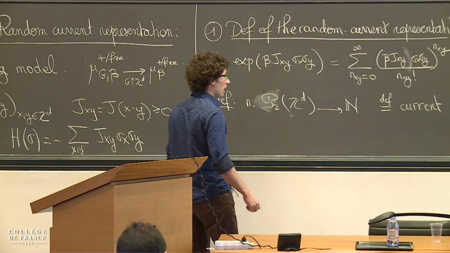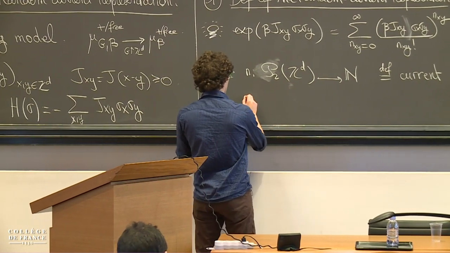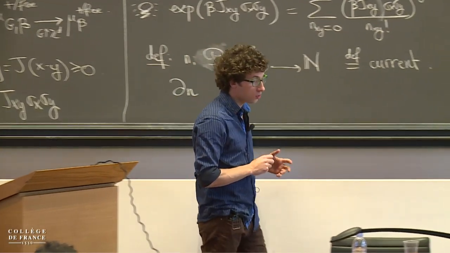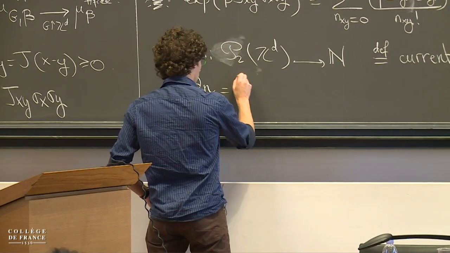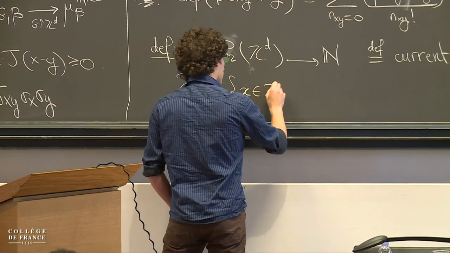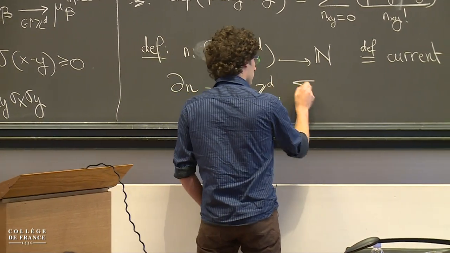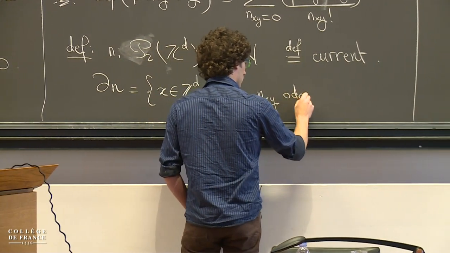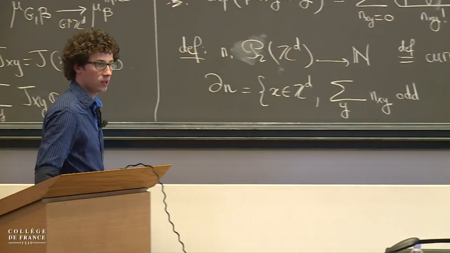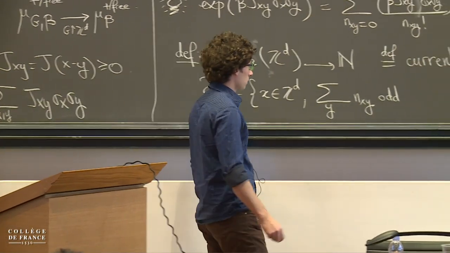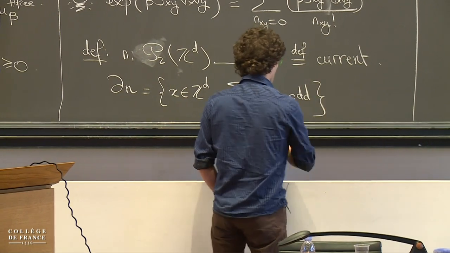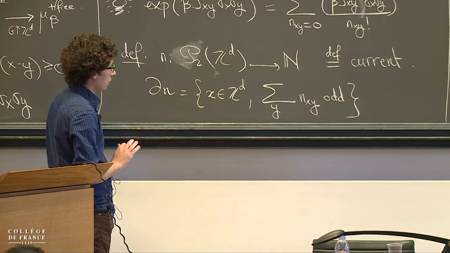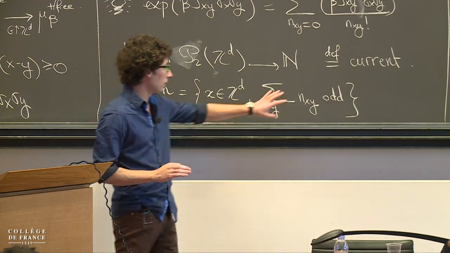Now for a current n, the set of boundaries or sources of the current would be the set of x in Z^d such that the sum over y of n_xy is odd. So a priori, it may be that for the current, this thing would be infinite, right?